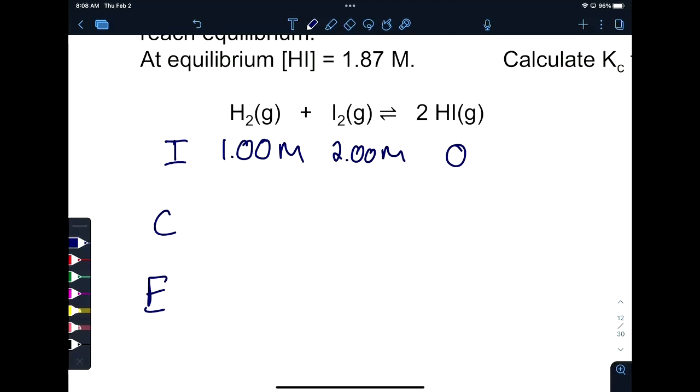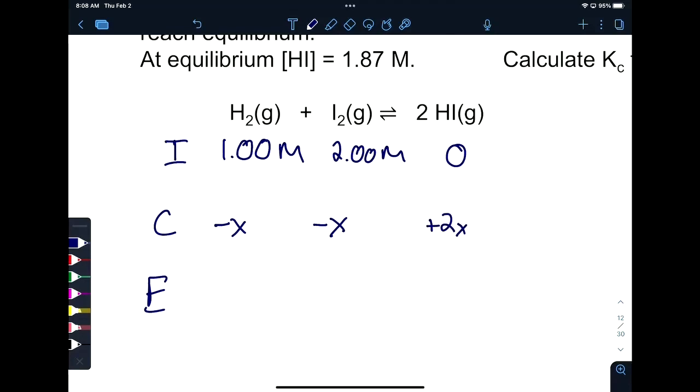So under the change line for hydrogen, what am I going to put? Minus X, right? I'm saying minus X because I don't know how much it's going to change, so I'm just going to call it X for now. All right, so minus X of hydrogen, then how much do I lose of iodine? Also X, but then how much do I get of HI? 2X, but it's plus 2X, because we're gaining it.